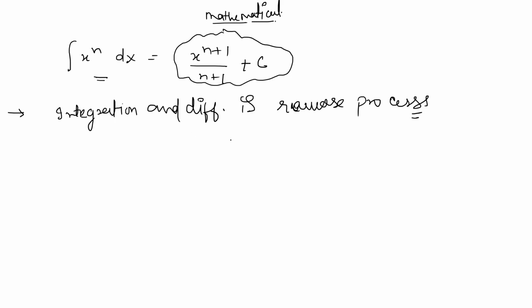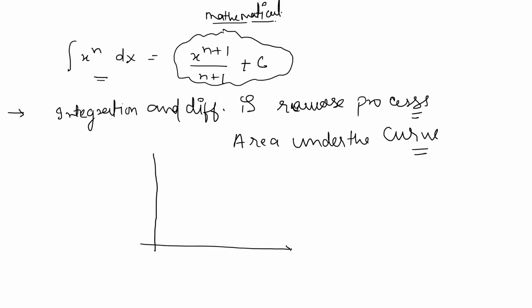And now the other thing is the area under the curve concept. Area under the curve. This is a very fundamental concept, I think you have to understand. We have a Cartesian coordinate system here, a y-x plot.